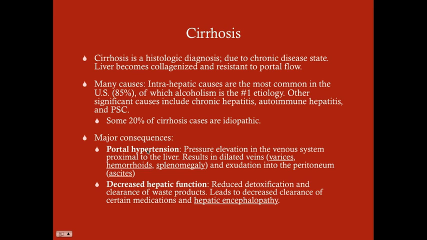So first, from the portal hypertension side of things, this is going to be vascular issues. When you have a problem with elevated pressure in your veins, you're going to get dilation of those veins. So dilation of the veins that bypass the liver, go around the esophagus. Those are your esophageal varices, which are notoriously problematic for patients with cirrhosis.